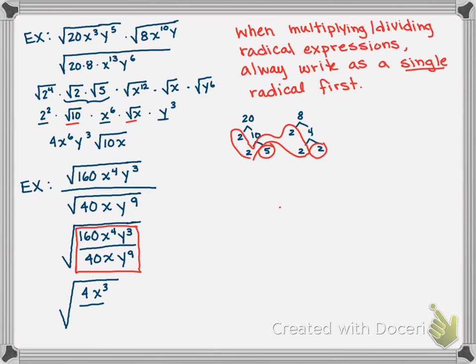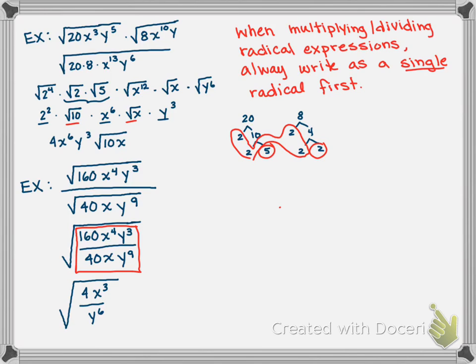In the bottom, yeah. You could use the quotient rule there and then deal with the negative exponent. But if all of your exponents are positive, I think it's easiest to think about where the extra factors are rather than getting negative exponents involved. If the exponents aren't all positive, that method kind of goes out the window. But here we can just look at it to figure it out.